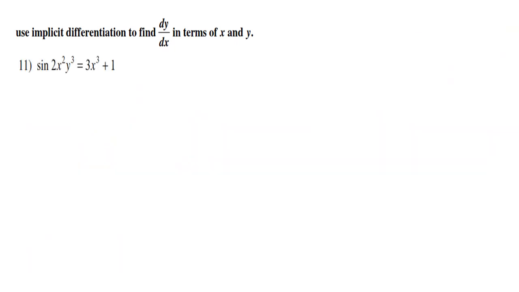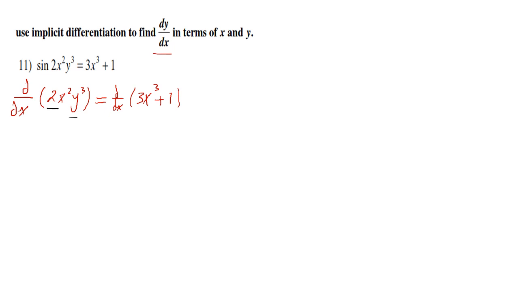Use the implicit differentiation to find the value of dy by dx in terms of x and y. To find dy by dx, I'm going to find the derivative with respect to x for the left hand side and the right hand side. This is a product rule, right?